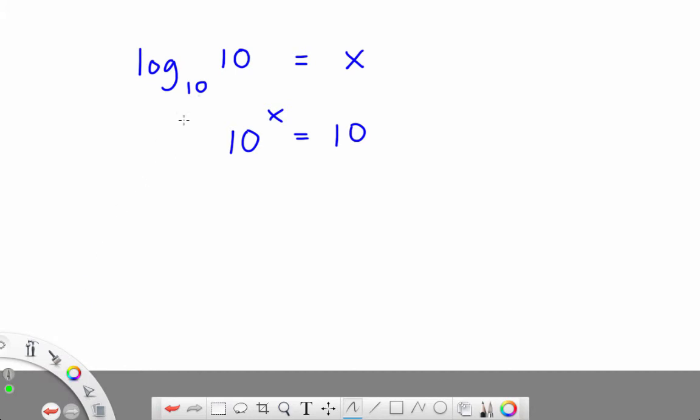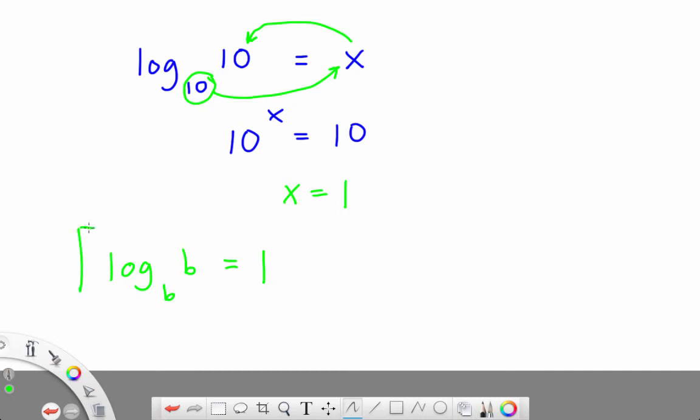Recall the order when we're converting from log to exponential form. 10 to the x equals 10. And the answer is 1. 10 to the first equals 10. And that actually leads to a very important rule. For any valid base b, log base b of b is 1. This is very important.